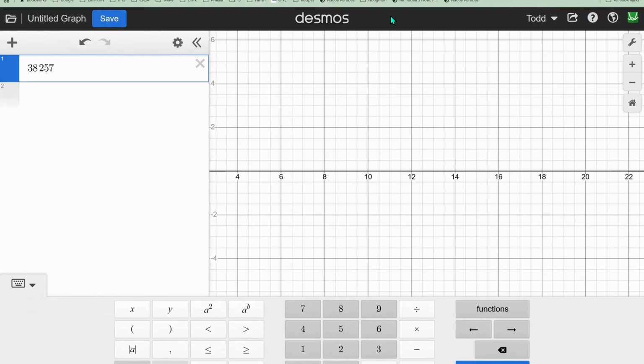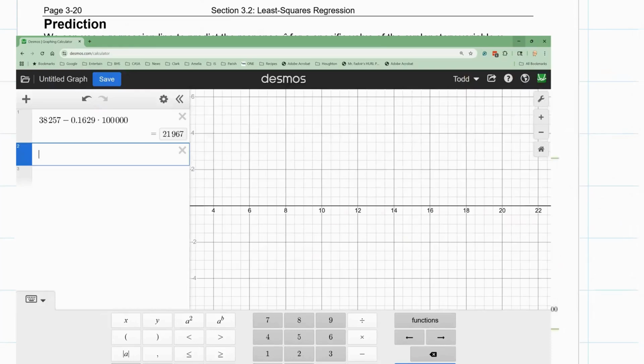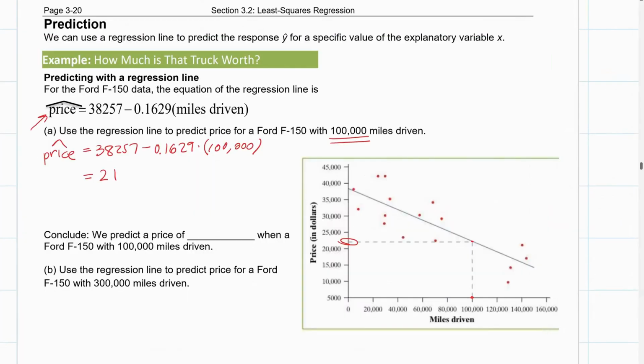And we can see that the predicted price is about $22,000, 21,967. So we believe, at least the model suggests, that's how much that truck would be worth. All right. At least that's what the predicted price is.